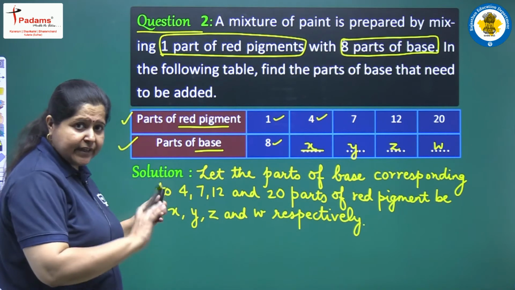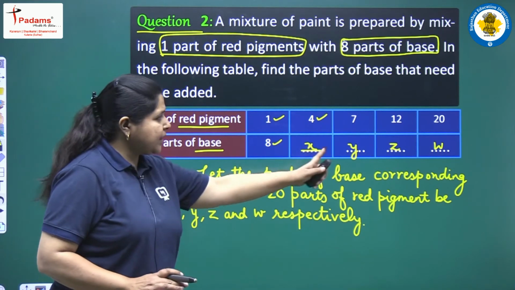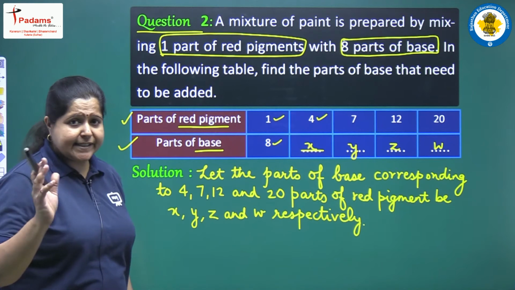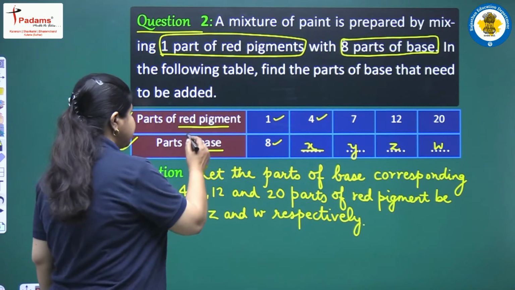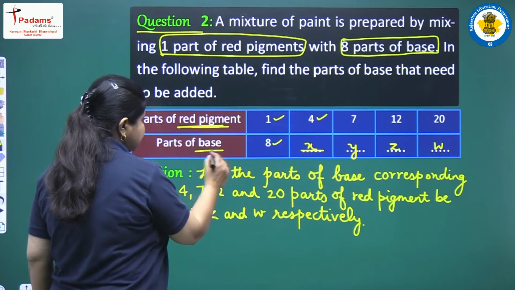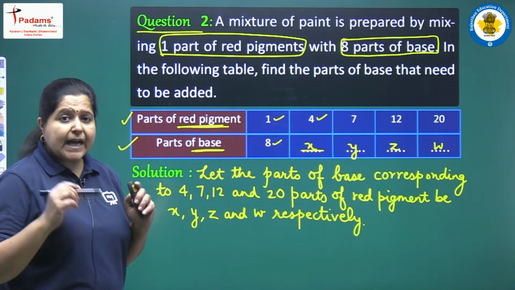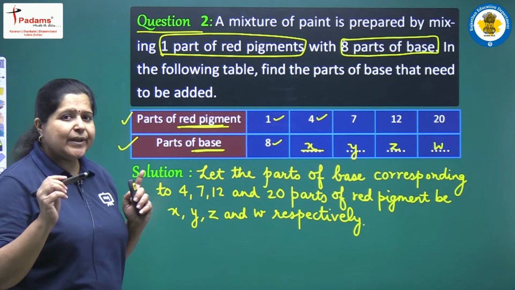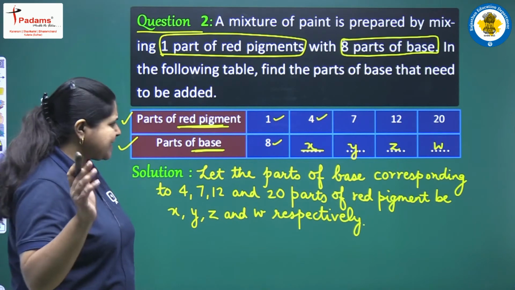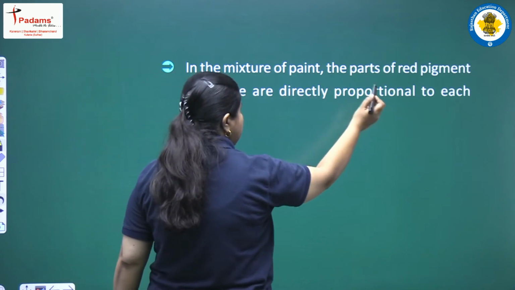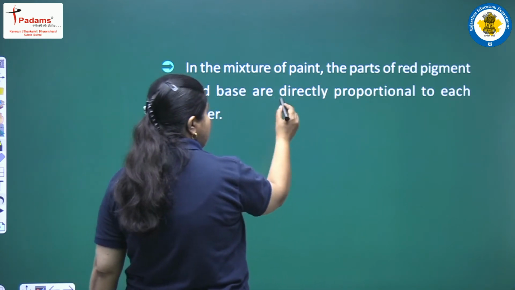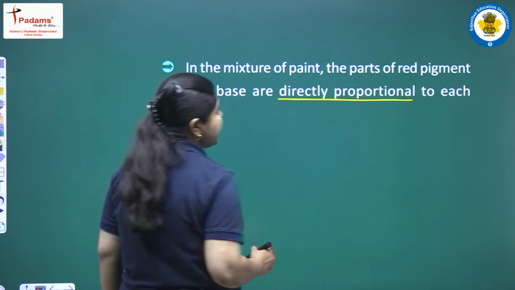And how to present? We are writing here, first we have taken the unknown values as x, y, z and w, and since here we see that the two quantities, this one and this one, are directly proportional to each other, let us first write this part. Here we write, in the mixture of paint, the parts of red pigment and base are directly proportional to each other.